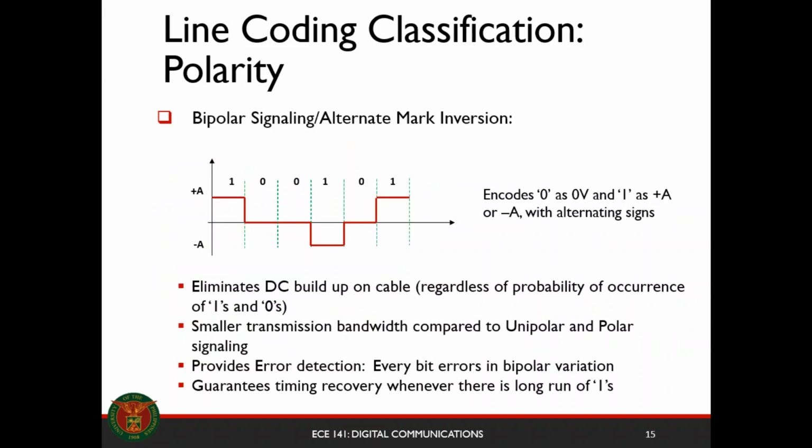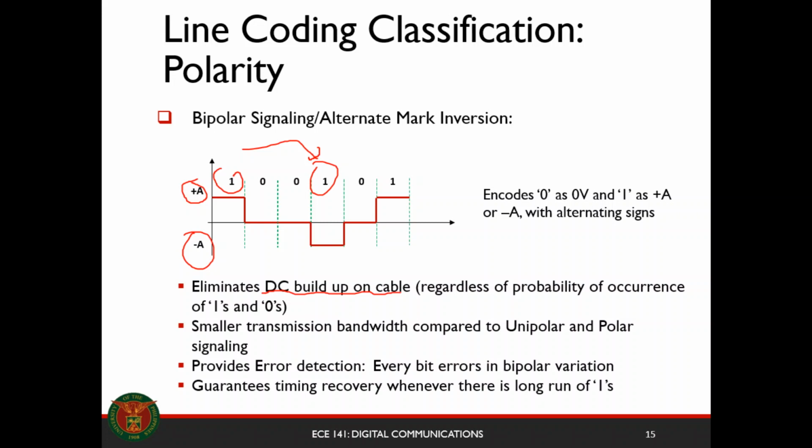Another type of line encoding is the bipolar signaling or alternate mark inversion. It depends on the previous state. Basically, the ones trigger either a positive or a negative, but the 0 will always be 0. So if it became positive A at this one, the next one would have a value of negative A. And this actually eliminates DC buildup on the cable because we don't want that.